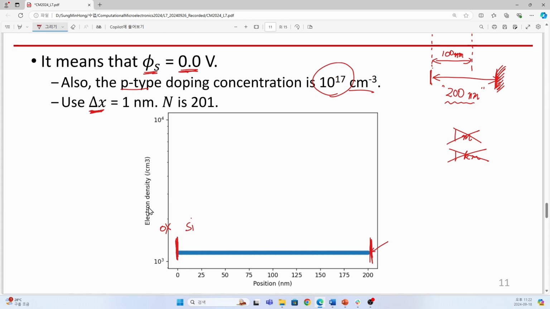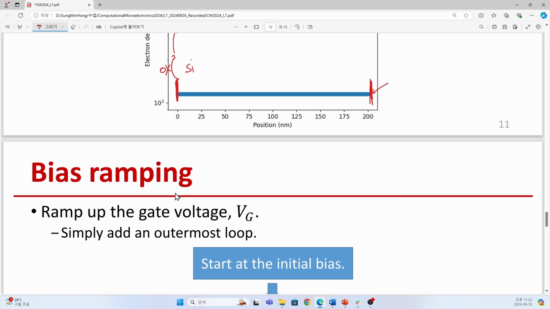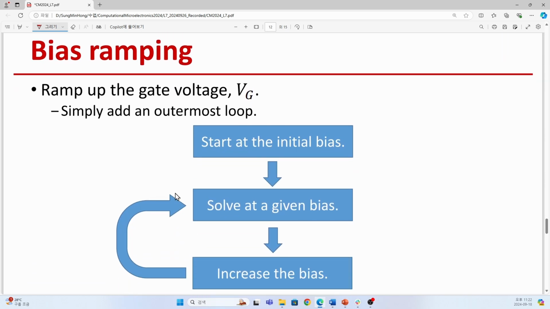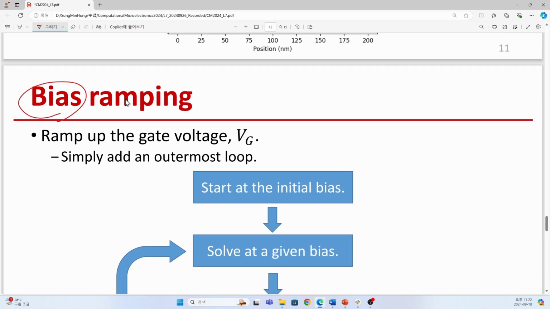We want to increase the surface potential further and further, and also increase the electron density further and further. Then how can we do that? In this case, usually that simulation is called bias ramping, and when we say bias ramping, that really means increasing the bias voltage, like gate voltage or drain voltage.